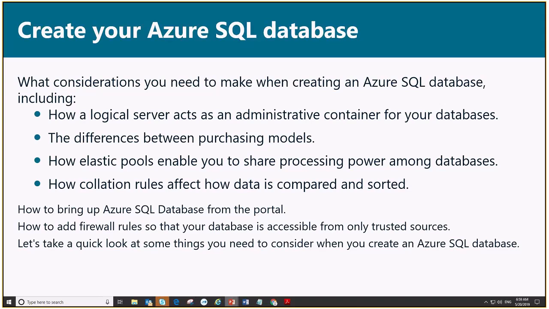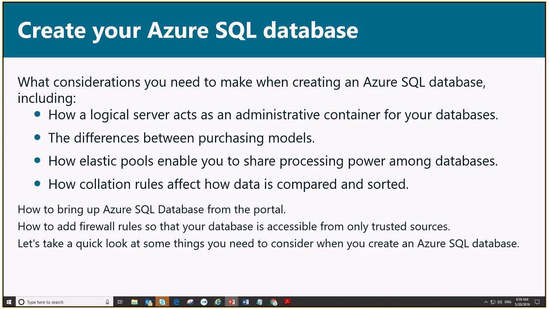I'm making this up. You have that, and combine 5 databases. But as you know, some databases may be busier than the others, and some of them are not. So when you're doing elastic pools, it's going to share those resources among those 5 databases.